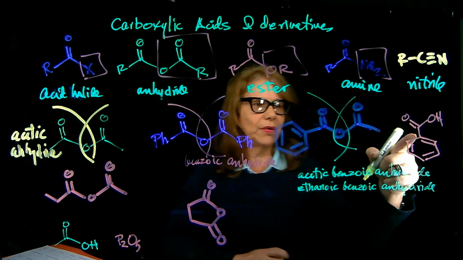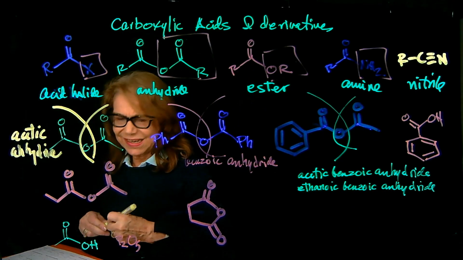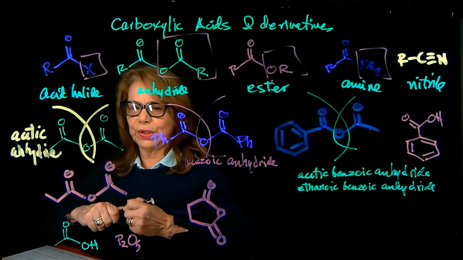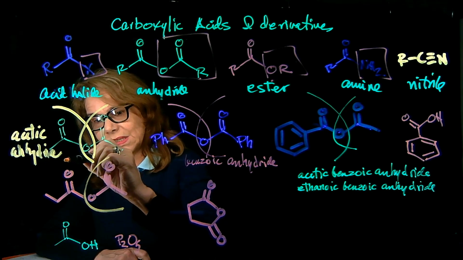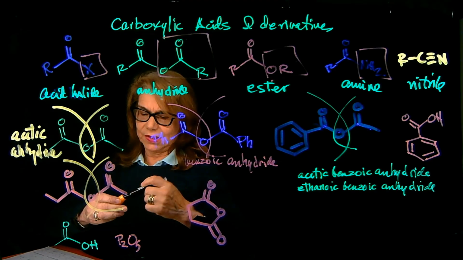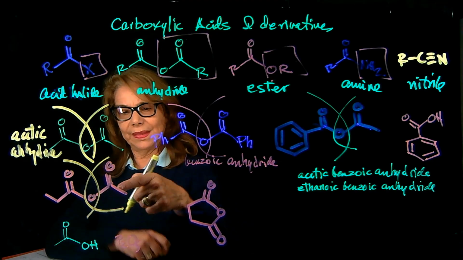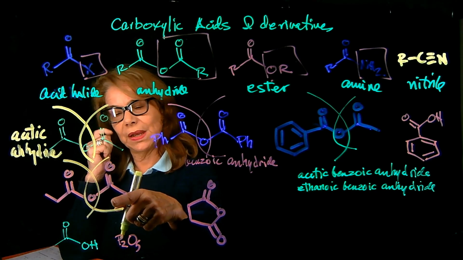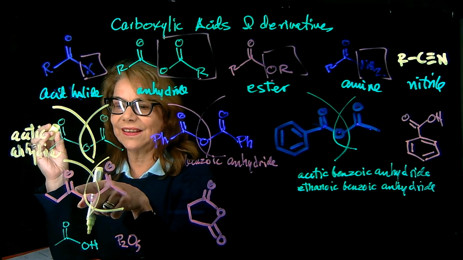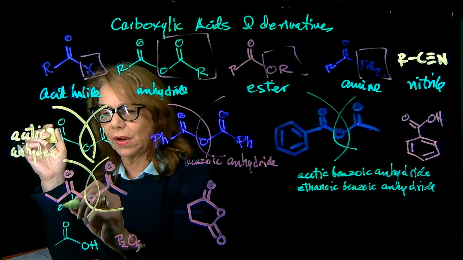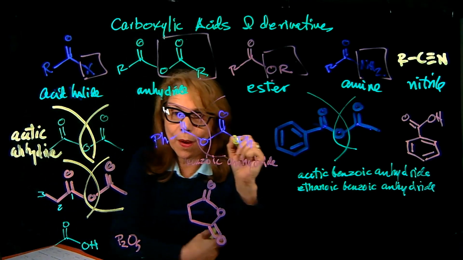Here we have another anhydride. Again, that's mixed. Notice that this side is your acetic acid, the other side is not. So let's name it by IUPAC: ethanoic acid. And this is 1, 2, and 3, so coming from propanoic acid.